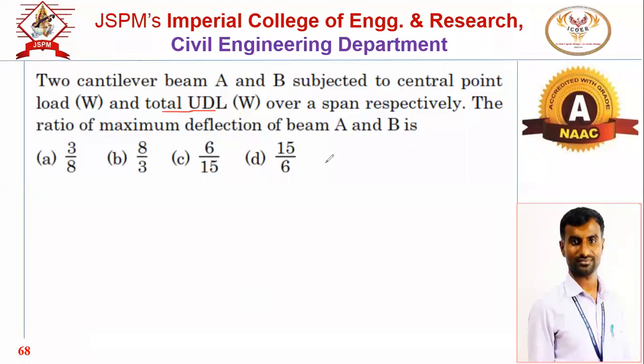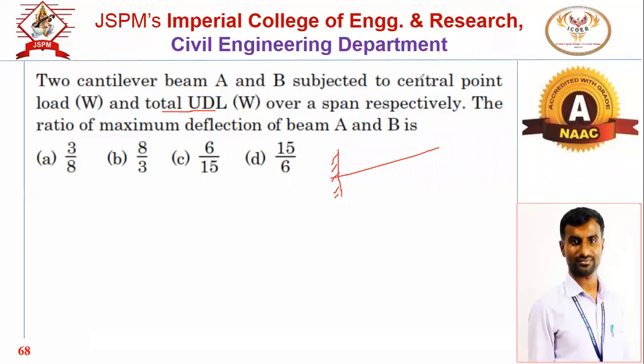Now there are two cantilever beams they have given. The first cantilever beam A is subjected to the central point load W. Instead of that central point load, it is the point load at free end. That is the correction in the MCQ.